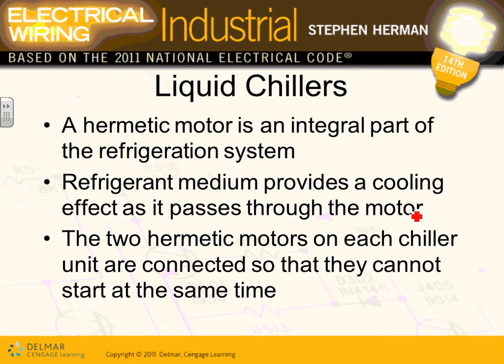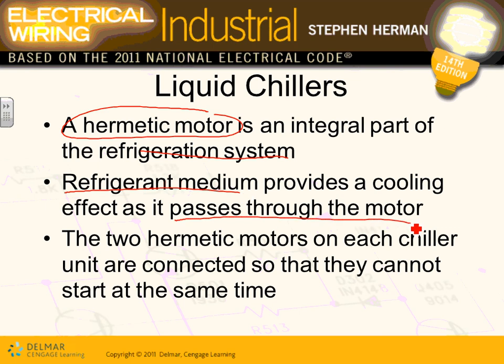Okay, so hermetic motors. They call them hermetically sealed motors, part of the refrigeration system, you're going to see in a second. The refrigerant medium passes all through the motor and cools it.